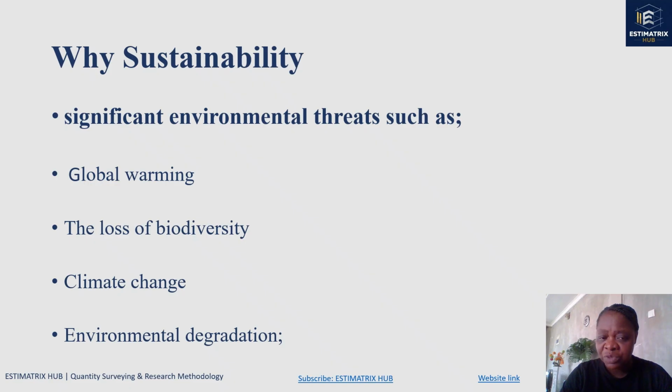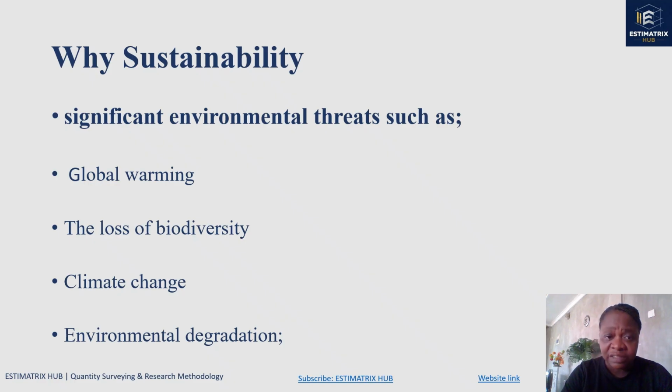And the other threat we have is environmental degradation. This is the deterioration or damage of the natural environment due to human activities, and these occur when natural resources such as land, water, air, forest, and biodiversity are depleted or polluted beyond the ability to recover.